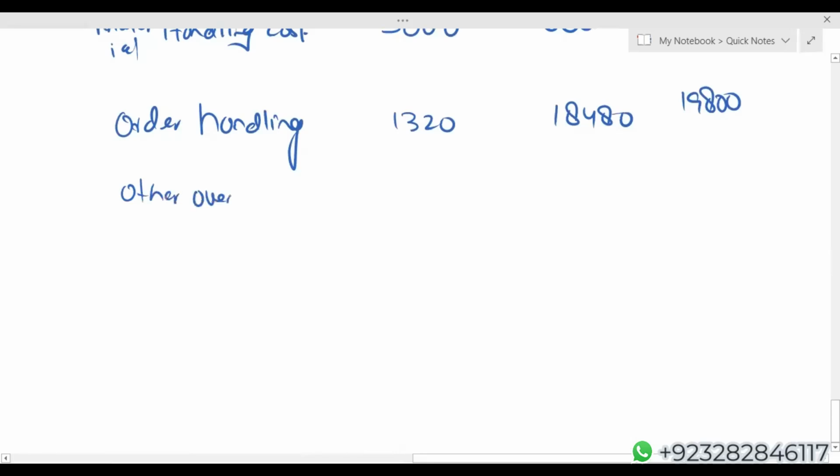Total number of labor hours in plus, we have 24,000. The rate is 3.6. I'm getting 86,400. And the total of other overhead is 2,16,000. So obviously 2,16,000 minus 86,400 will give me 1,29,600.